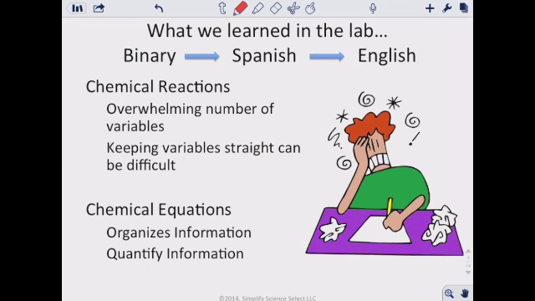A chemical equation organizes information and quantifies information. It puts everything in a nice, neat place for us to find, and that's essentially what we were doing. We were going from binary to Spanish to English and getting more precise as we move along.